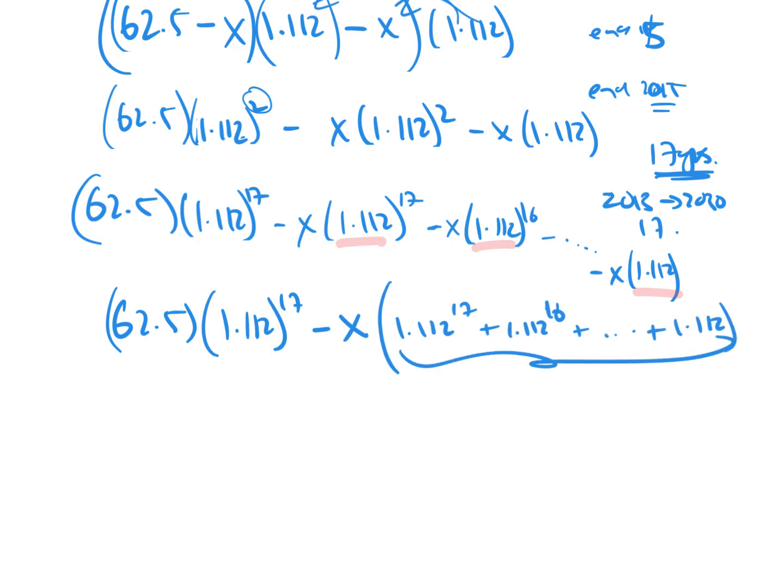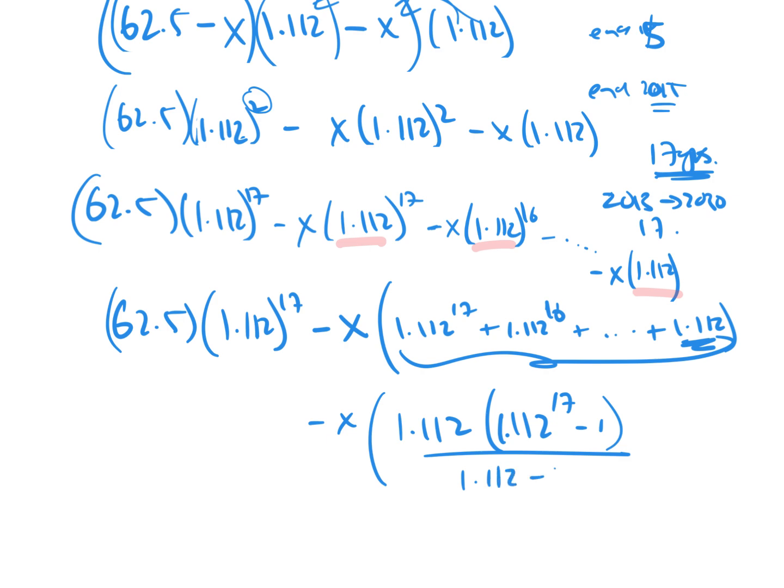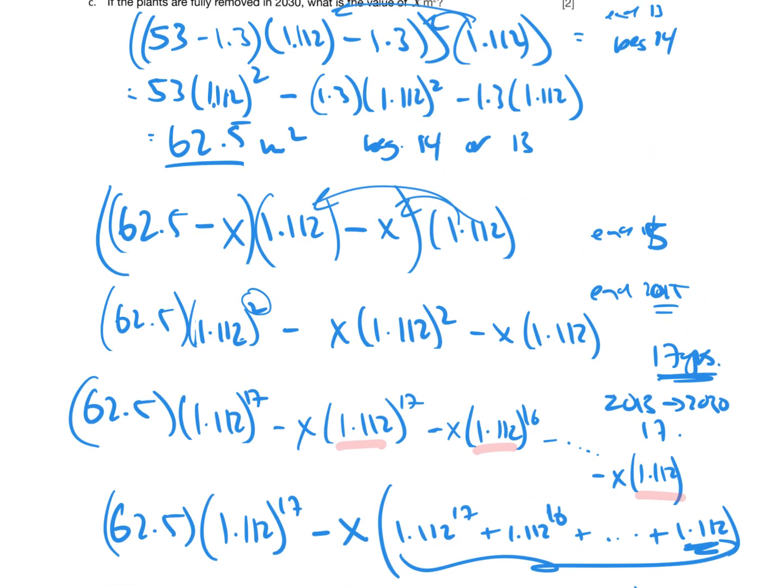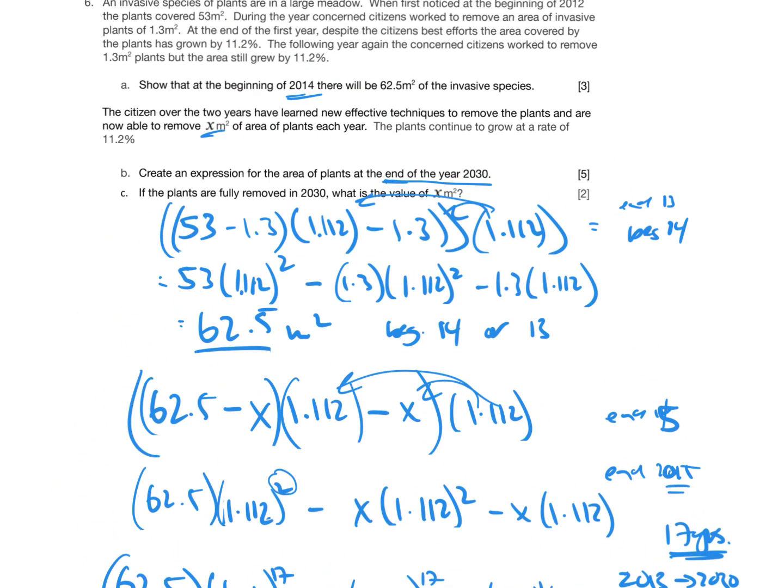If I use this as my first term, u1 is 1.112, my r value is 1.112, there are 17 terms, so it's 1.112 to the power of 17 minus 1, over 1.112 minus 1, and this is 62.5 times 1.112 to the 17th. This is the expression for the area of the plants at the end of 2030.